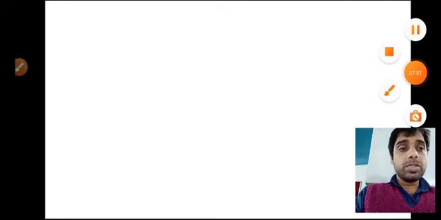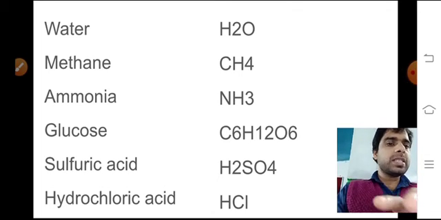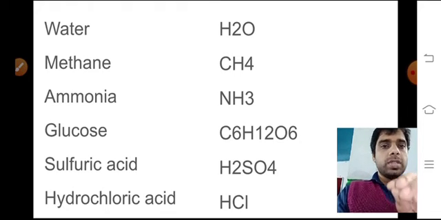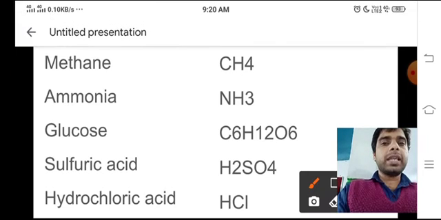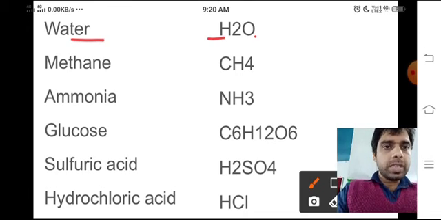One more thing I will show you. Here you can see some formulas I have written, and they give us the idea that the constituent elements are present and the subscripts are also present. If I am talking about water, the constituent atoms are hydrogen and oxygen, and the total number of hydrogen is 2.